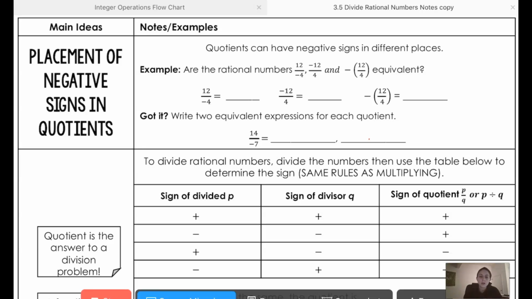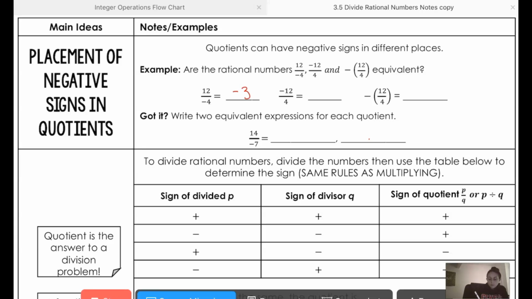It says, are the rational numbers 12 over negative 4, negative 12 over 4, and negative parentheses 12 over 4 equivalent or equal? Well, if they all simplify to the same value, then they're equal. So let's try that. 12 over negative 4 is 12 divided by negative 4, which is negative 3.